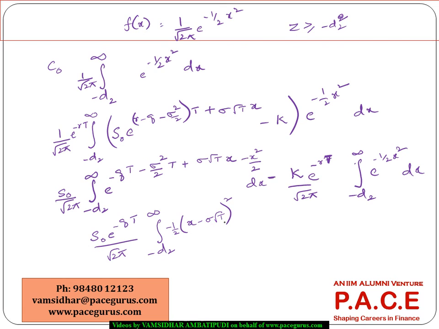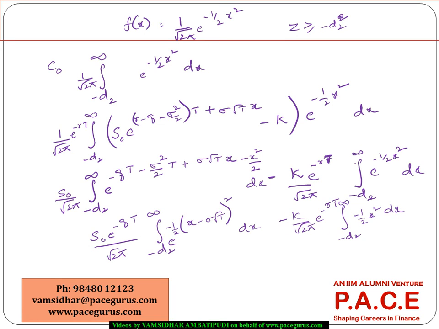So I can write this as: integral of e to the power of minus half x minus sigma root t whole squared dx, minus K by root 2 pi e to the power of minus rt, integral from minus d2 to infinity of e to the power of minus half x squared dx.